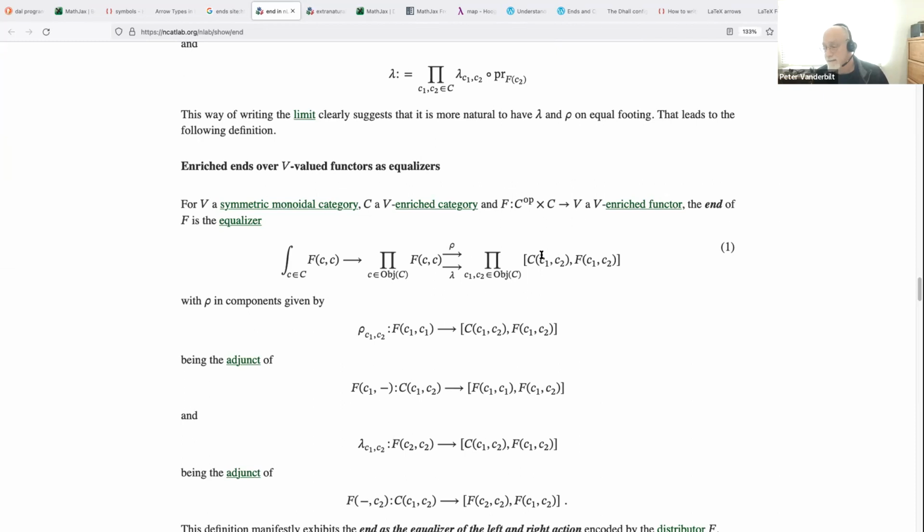And then the square brackets mean an arrow from that arrow to the value of the functor. In the other text, the lowercase p is the same as the uppercase F that we're seeing here. And A would be C1 and B would be C2. Yeah, okay.